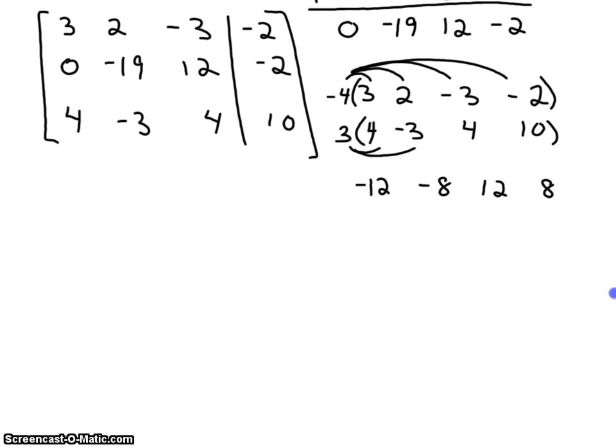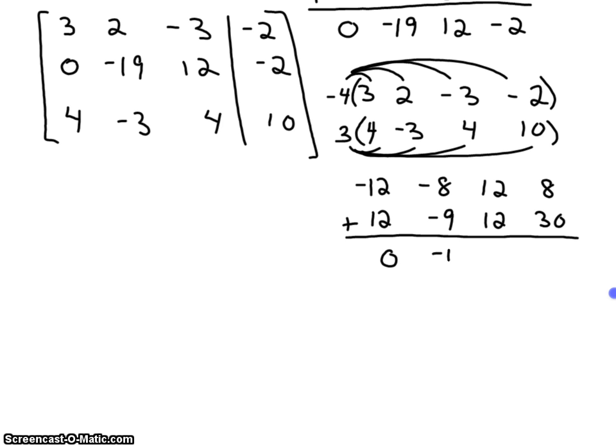Now I'm going to distribute the 3, and I get, as a result, 12, -9, 12, 30. Add these together. 0, -17, 24, 38. So when I do this, I'm just adding each column.